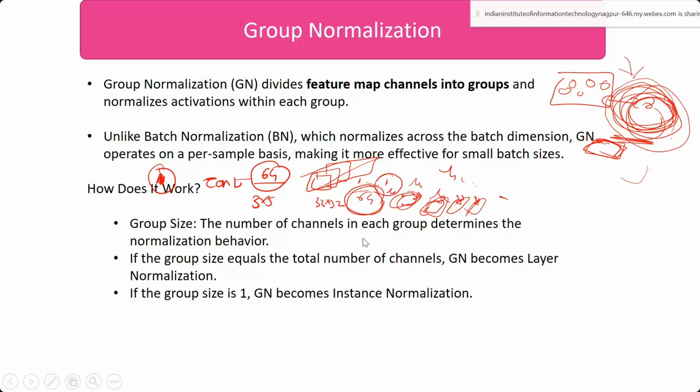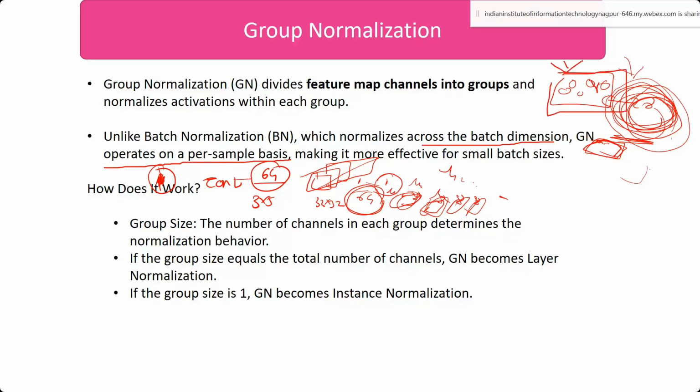The group size, the number of channels in each group, determines the normalization behavior. Unlike batch normalization, which normalizes across the batch dimension, group normalization operates on a per-sample basis. You take one sample, which makes it more effective over small batch sizes. If the batch size is, suppose, only 8, there is a possibility that batch normalization will not perform well.